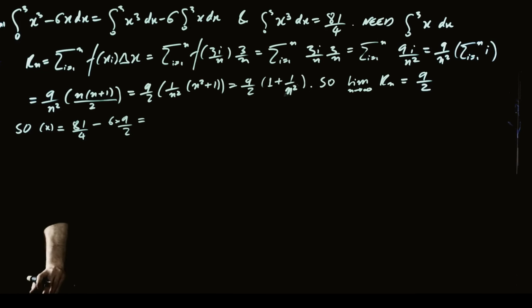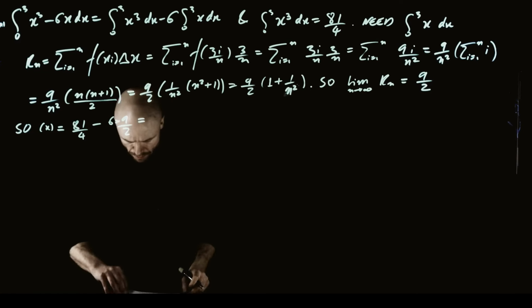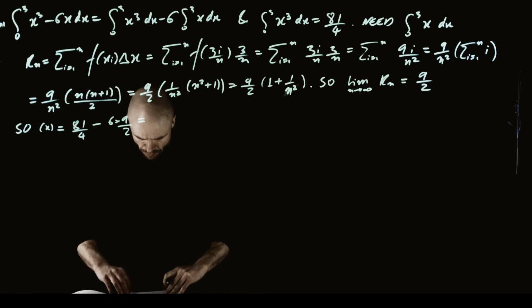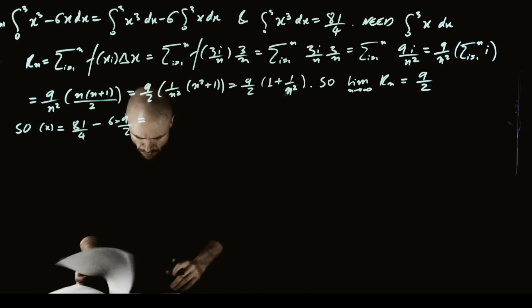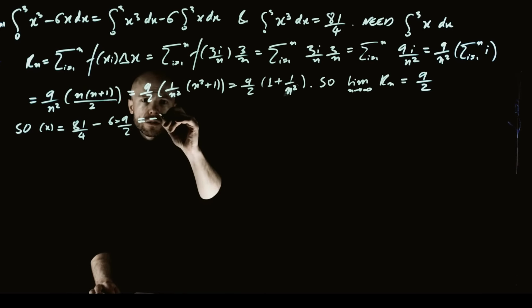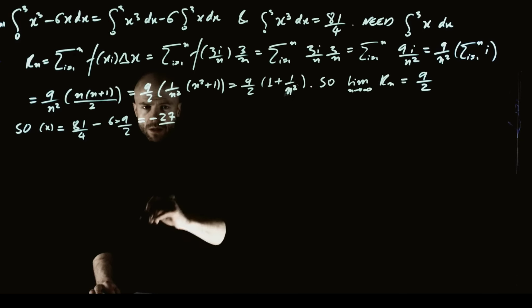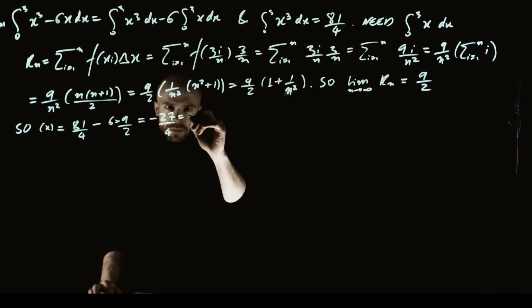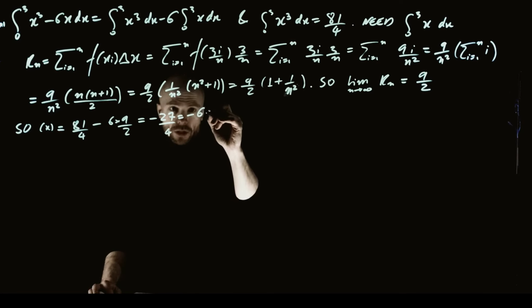That turns out to be minus 27 over 4, which is equal to minus 6.75.